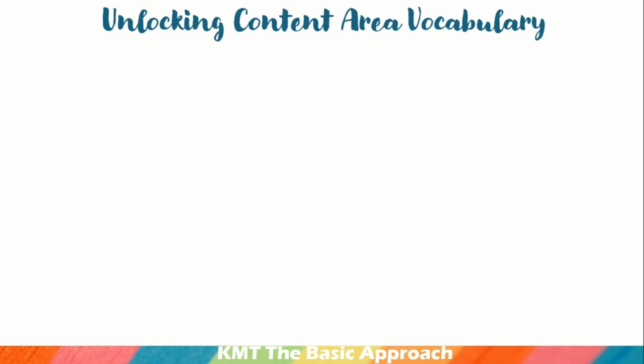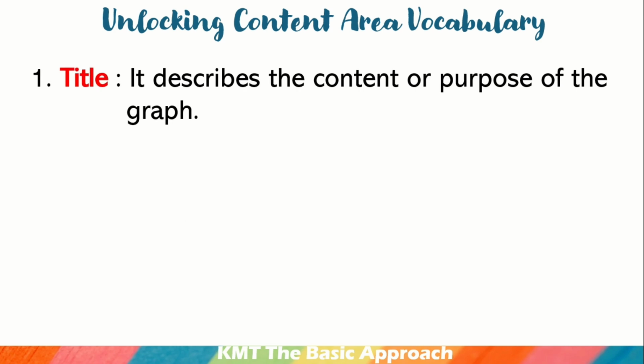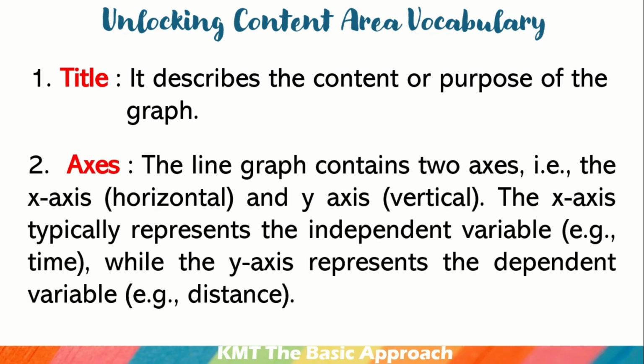Unlocking content area vocabulary. Number 1. Title. It describes the content or purpose of the graph. Number 2. Axis. The line graph contains two axes. Example, the x-axis or horizontal and y-axis or vertical.